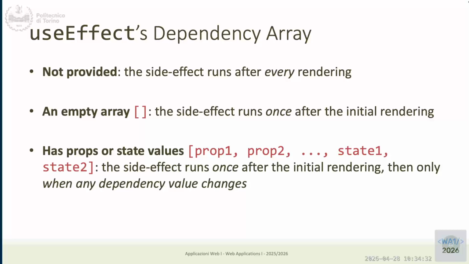Whether you skip the dependency array, whether you have an empty dependency array, whether you have a dependency array with some values, at the first render, effects are always run, no matter what. Plus, these effects can also be run when at least one of the dependencies has changed with respect to the previous rendering, of course.